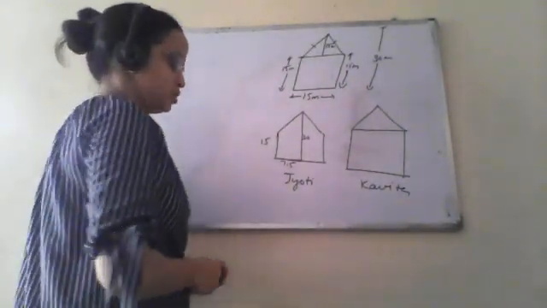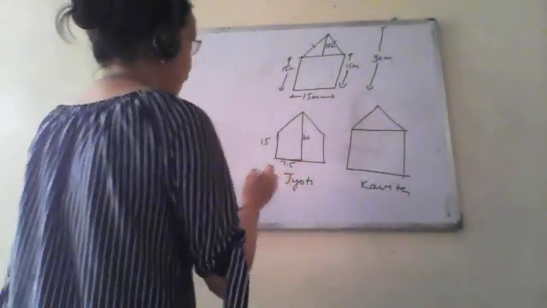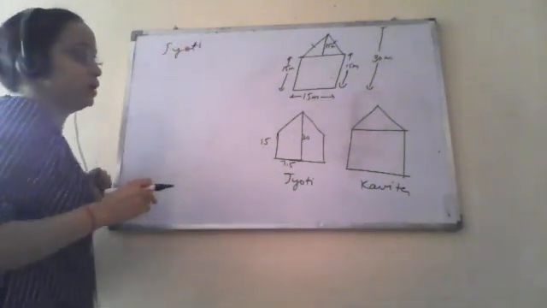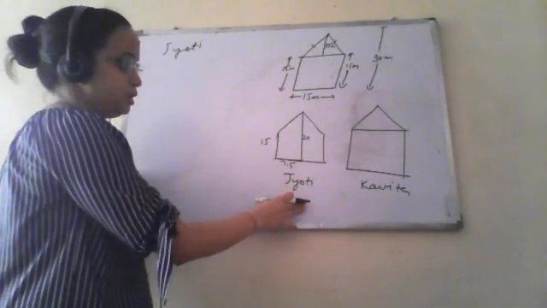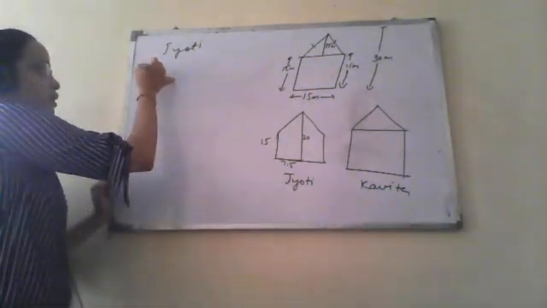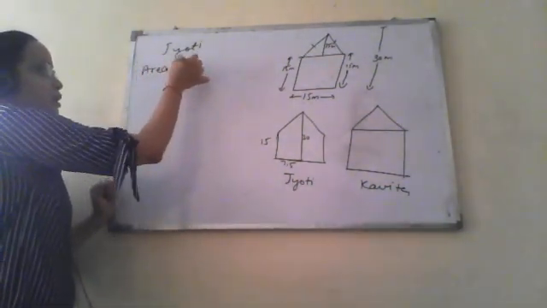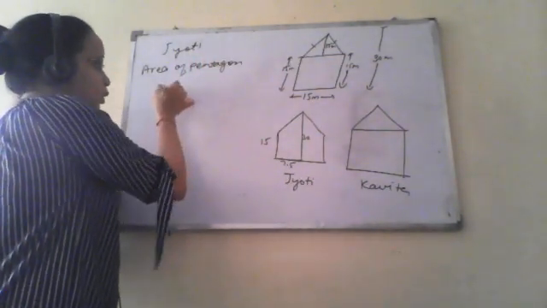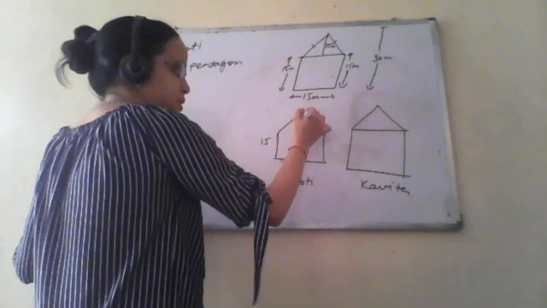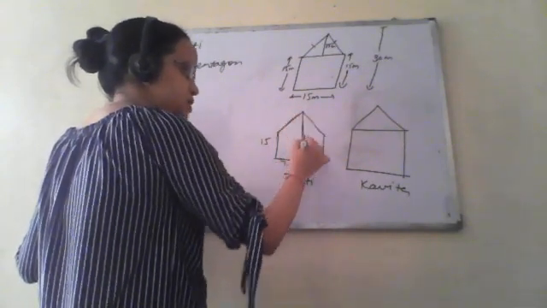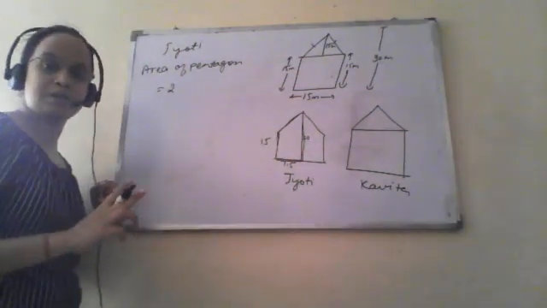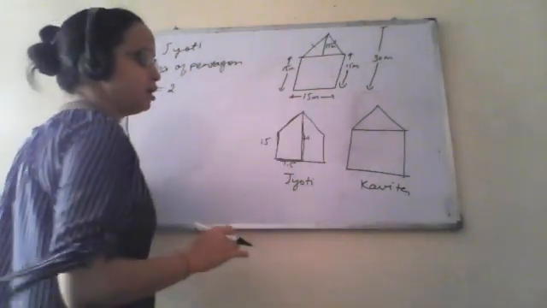First we calculate how Jyoti calculates the area. Area of pentagon in Jyoti's diagram will be twice the area of this trapezium, because there are two equal trapeziums. If we calculate the area of one trapezium and double it, we get the area of the pentagon.